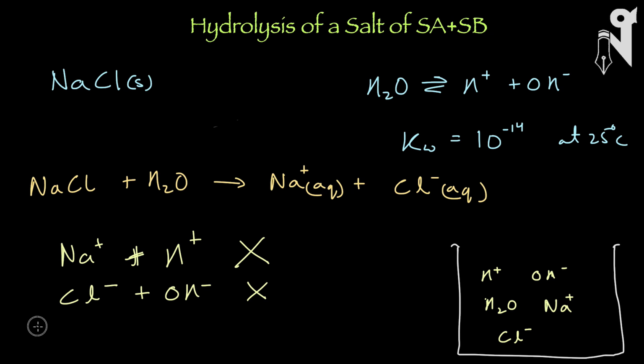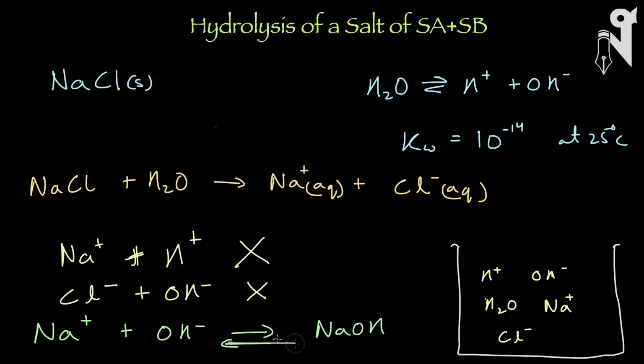Let us come to the ones which may happen. Will Na plus combine with OH minus? No, it won't. Will it give this NaOH? No, it won't. Even if for a split second you assume it gives this, NaOH is going to readily break back into Na plus and OH minus. Why?